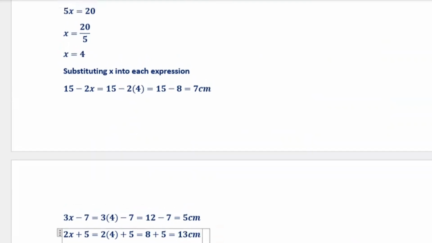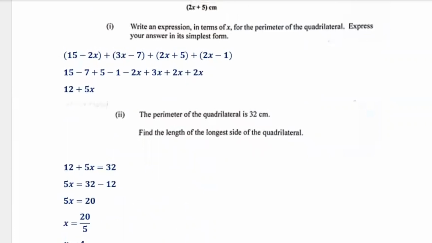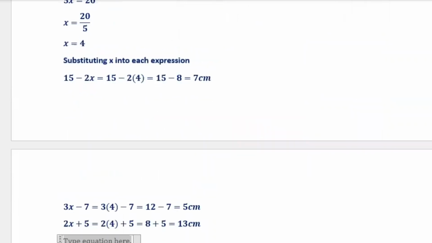And now going back for the last expression, which was 2x minus 1, that will give us 2 multiplied by 4 minus 1. And 2 times 4 is 8, so it is 8 minus 1, which will give us 7 centimeters.